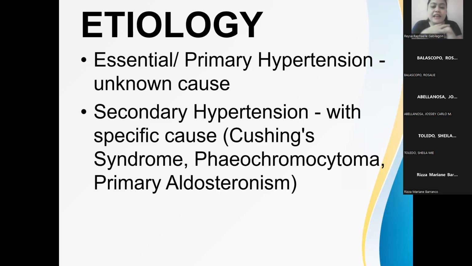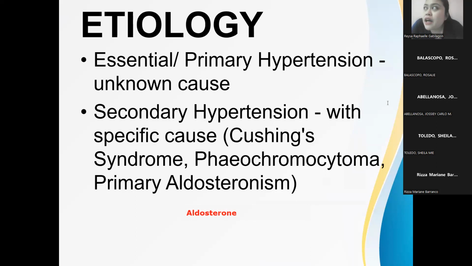Okay? And then lastly, we have primary aldosteronism. I'm not sure if you are familiar with aldosterone. Wait, let me write sa screen. Ayan. Aldosterone. Aldosterone is a mineralocorticoid that is produced by the adrenal medulla pa rin.